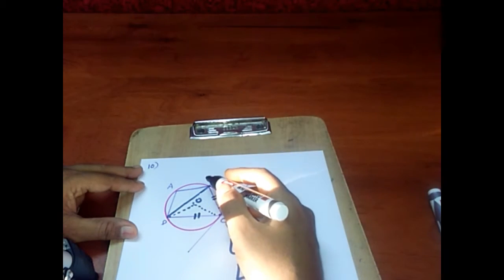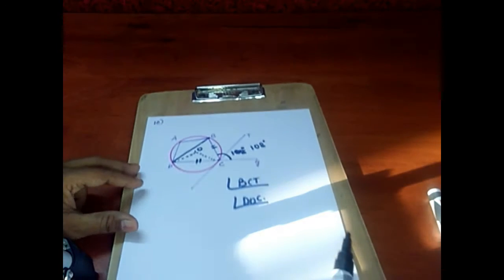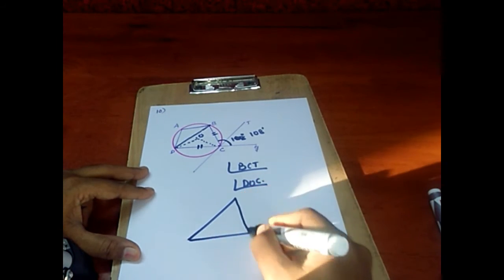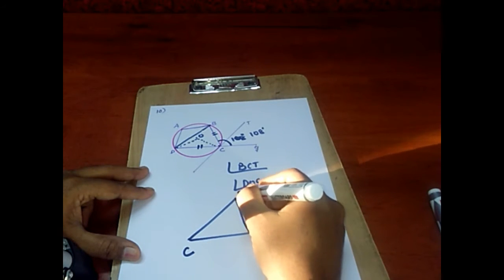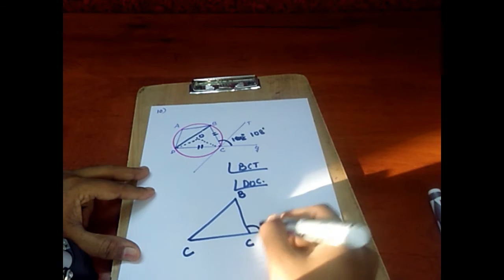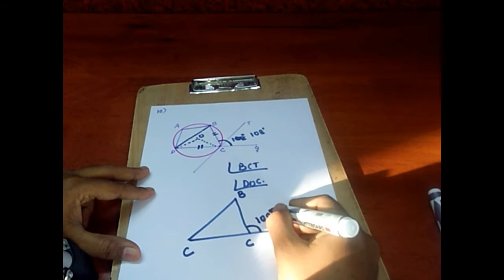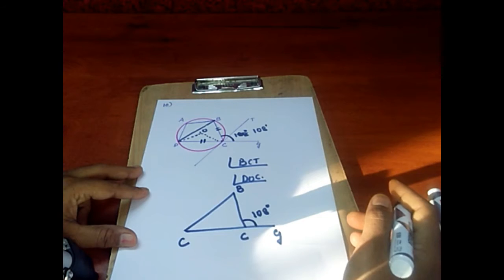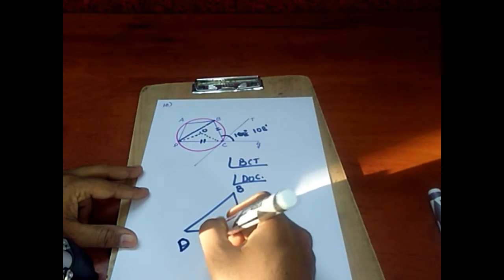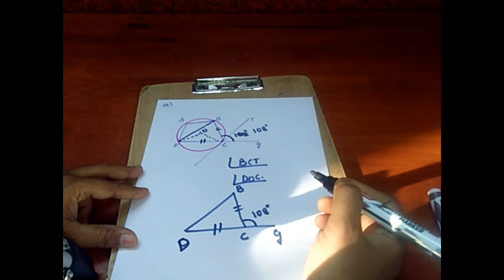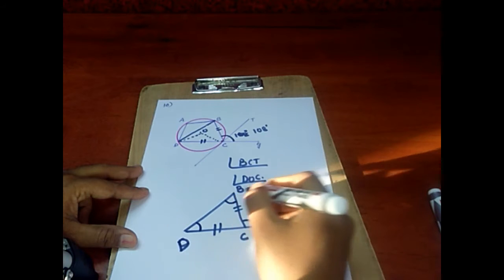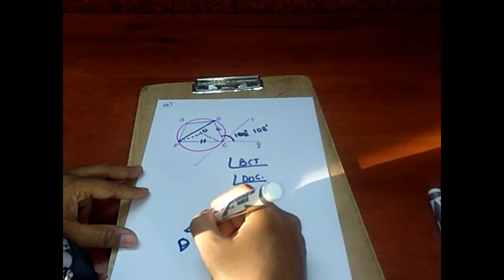As soon as I join the line DB, I can notice a triangle DBC where I can find an exterior angle which measures 108 degree. As it is given in the question that CD is equal to BC, I can say that these two are equal angles which is equal to the exterior angles.